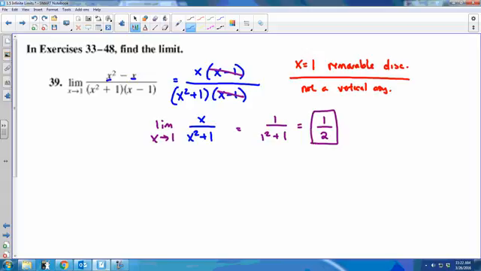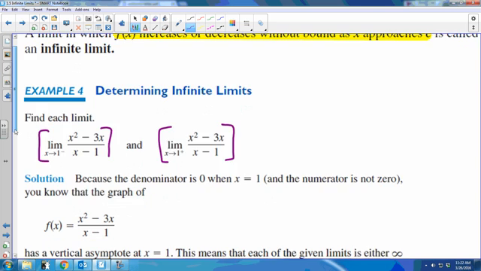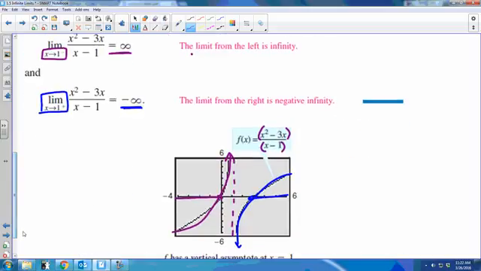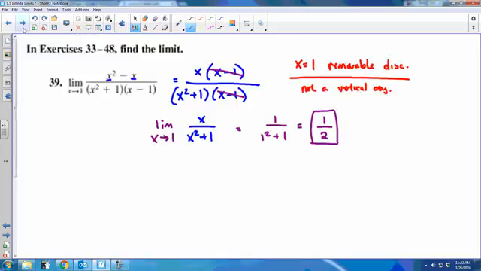That's all there is to this learning target. You're still finding limits. But if you cannot simplify anything, as in the first example, look at a graph, see what's happening, and find the actual limits. Is it infinity or negative infinity? But don't forget that you can still use algebra to find limits.